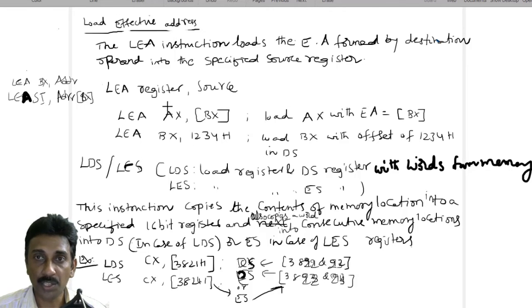So the destination operand here is this one. Have another look: the effective address formed by the destination operand into the specified register. So load AX with the effective address of BX. That is the important point here.